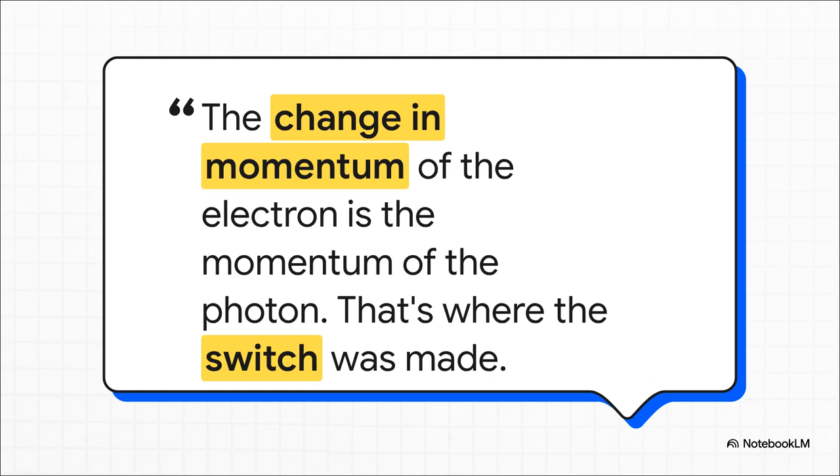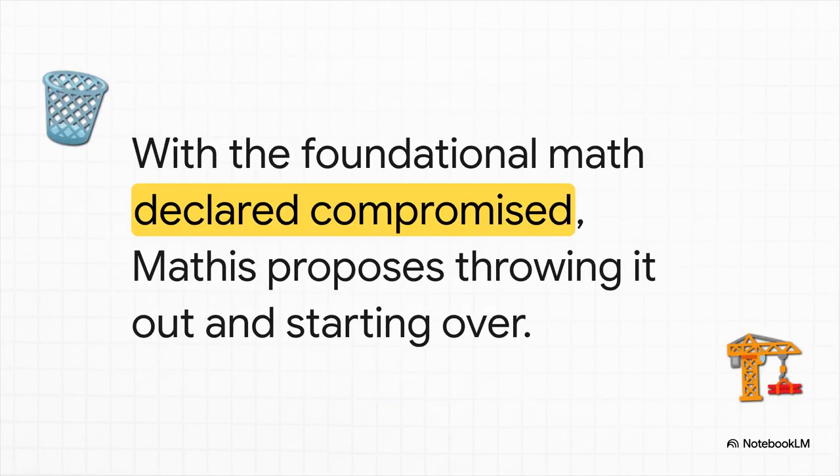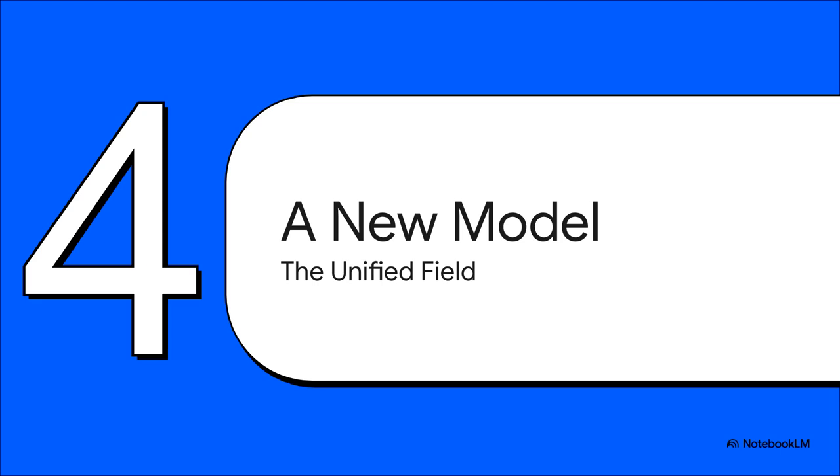He's claiming a deliberate switcheroo happened, where a property of the photon was taken and slapped onto the electron just to make the whole thing work. So, if you're Mathis and you believe these two foundational pillars of the derivation are basically bogus, well, what do you do? He argues the only logical thing to do is scrap the entire thing and build a totally new model from the ground up. And this brings us to his alternative.